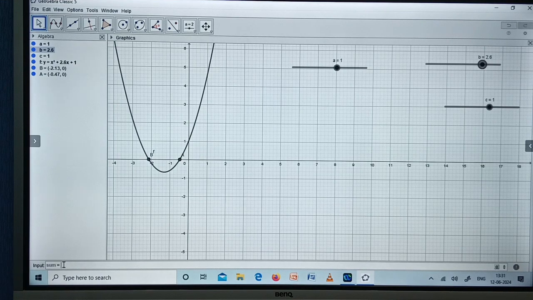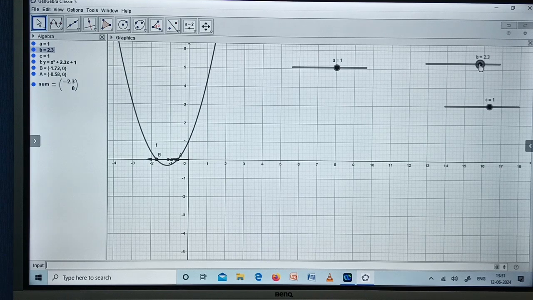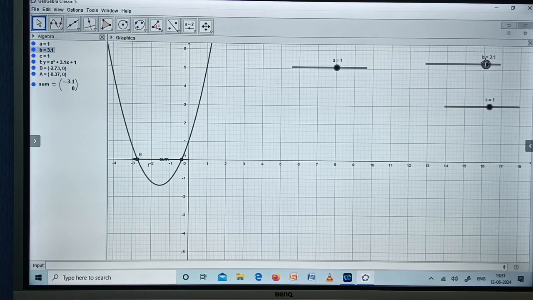A and B. So A plus B. So what is the sum now? Minus 2.6. It is the sum of the zeros, minus 2.13 and minus 0.47. So as I change the value, you can see that the sum also changes.